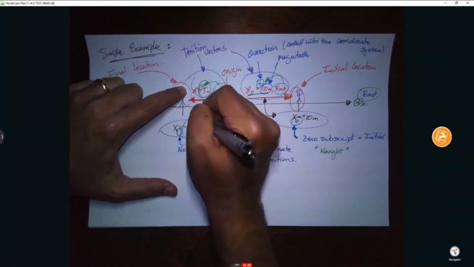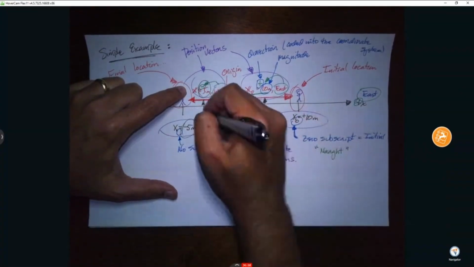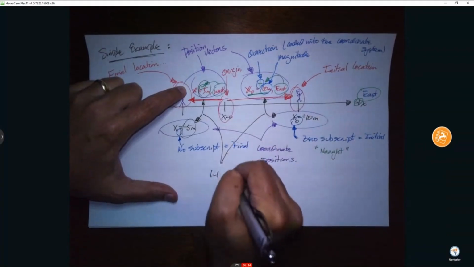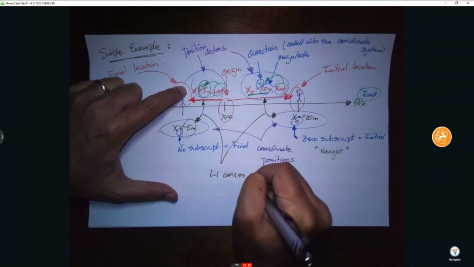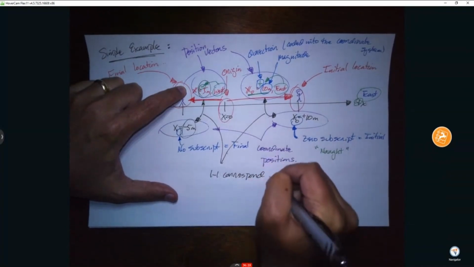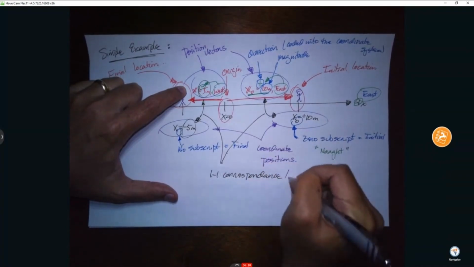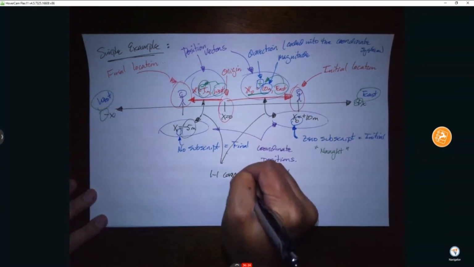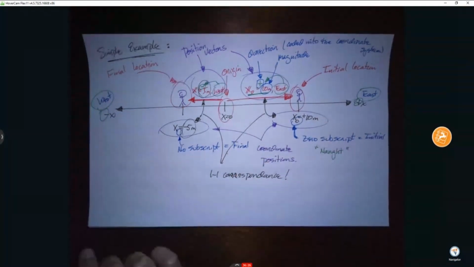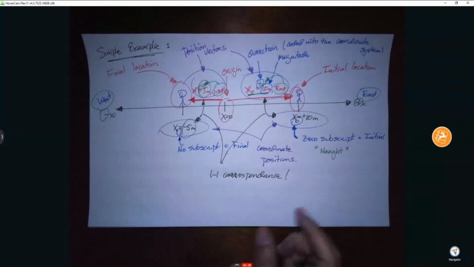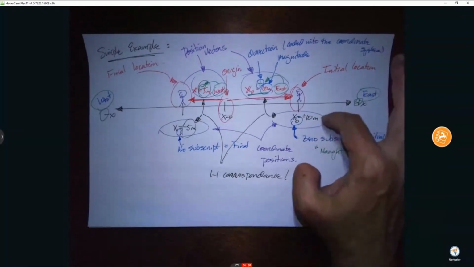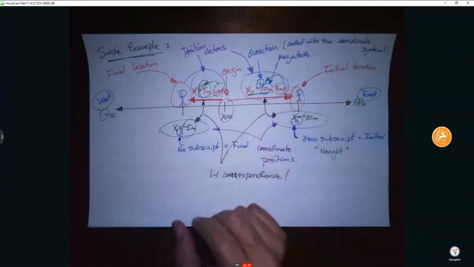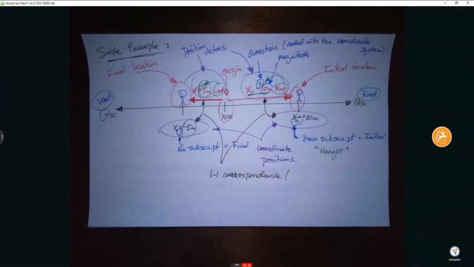So we have that same one-to-one correspondence. And we're always going to have that. And so that's just something that will always turn out to be true, that the coordinate position will be the position vector coded into the coordinate system in one dimension.